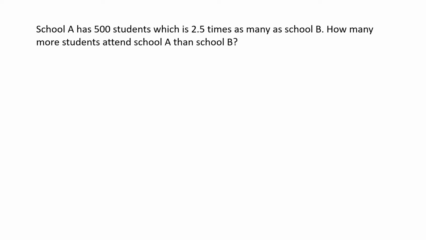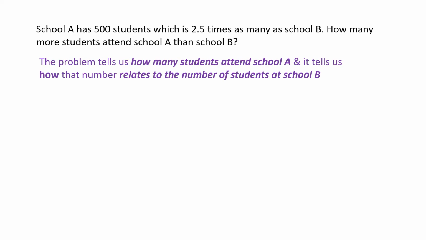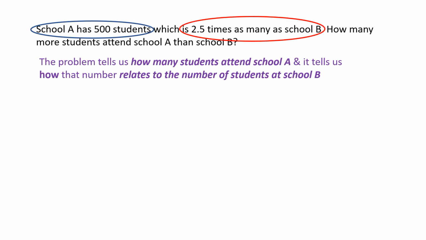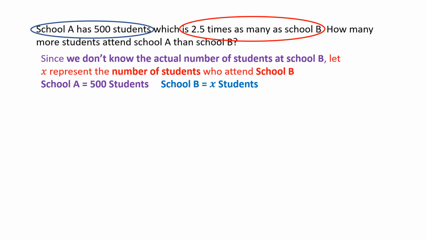So let's talk about what's here. This problem tells us exactly how many students attend School A. It tells us School A has 500 students. And then it tells us how that number relates to the number of students at School B, right? It says School A has 500 students, and that number 500 is 2.5 times as many as the students at School B. So since we don't know the actual number of the students at School B, we're going to let a variable represent that number.